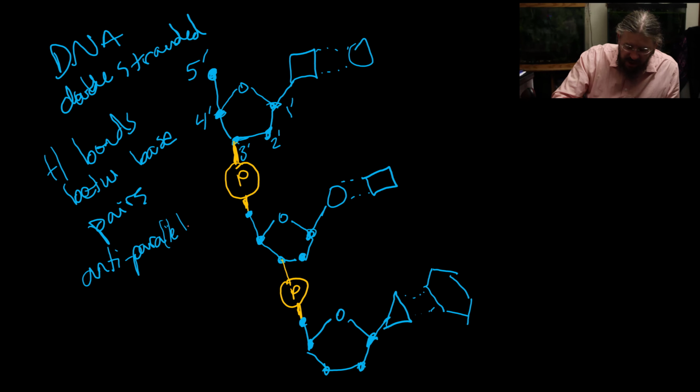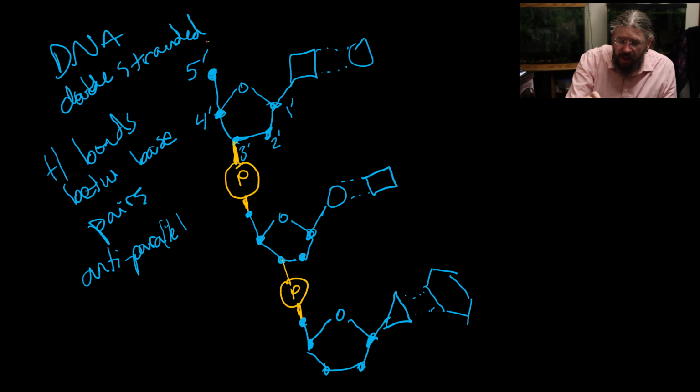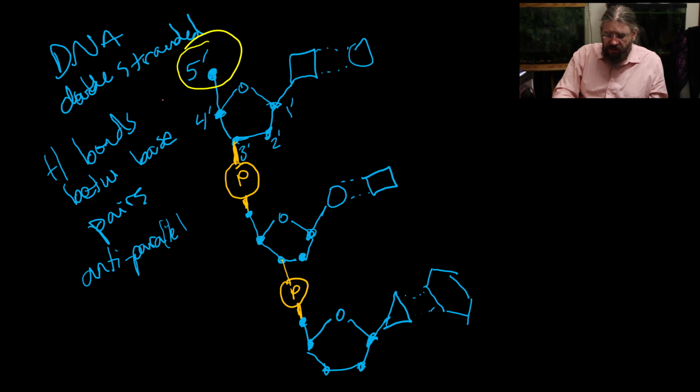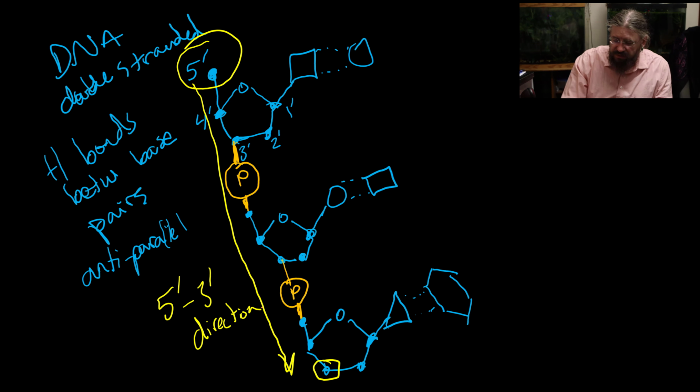So if you look at the DNA strand that I have done so far, there's a 5' carbon at one end, and then at the very end here, there's a 3' carbon. So there's direction here. You could say that this strand is in the 5' to 3' direction, whereas the anti-parallel strand is going to be going in the opposite direction.